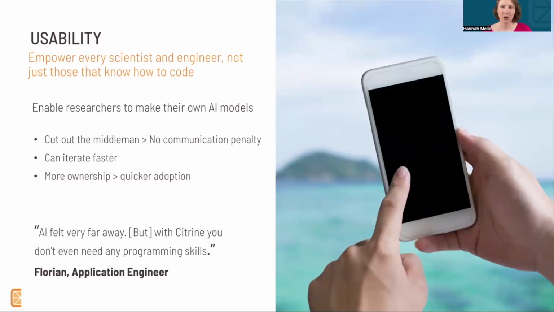The quote there is from an application engineer at one of our customers. He was so happy that although AI felt quite far away, when he used the Citrine platform, he didn't need to use any programming skills. Now, you might be wondering why I've got the picture on the right.